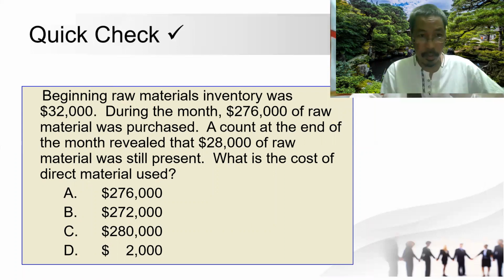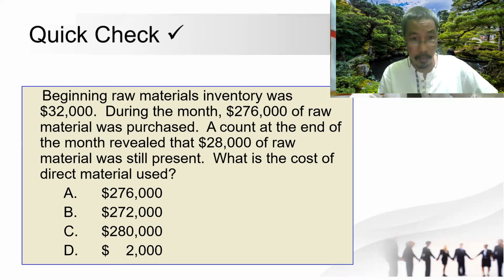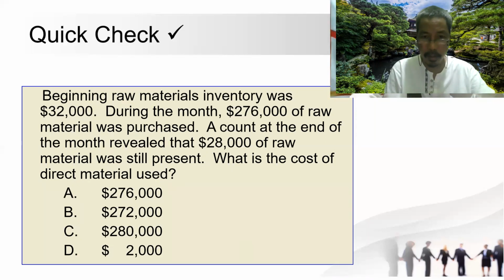Let us compute. Beginning raw materials inventory was 32,000, and during the month, 276,000 of raw material was purchased. Beginning inventory and purchases, we have to add: 32,000 plus 276,000, that is 308,000. Accounts at the end of the month revealed that 28,000 of raw material was still present.